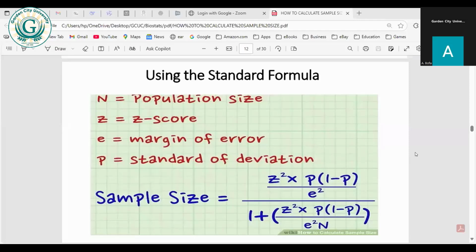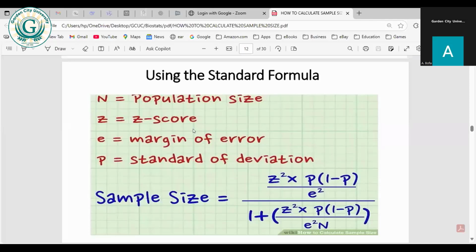So now let's continue with this calculation. We are going to learn 3 formulas today. This is the first one, the standard formula.